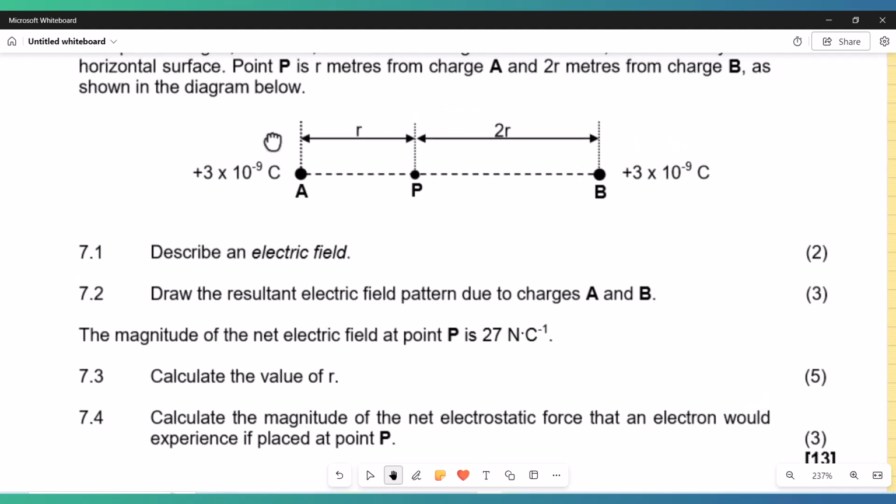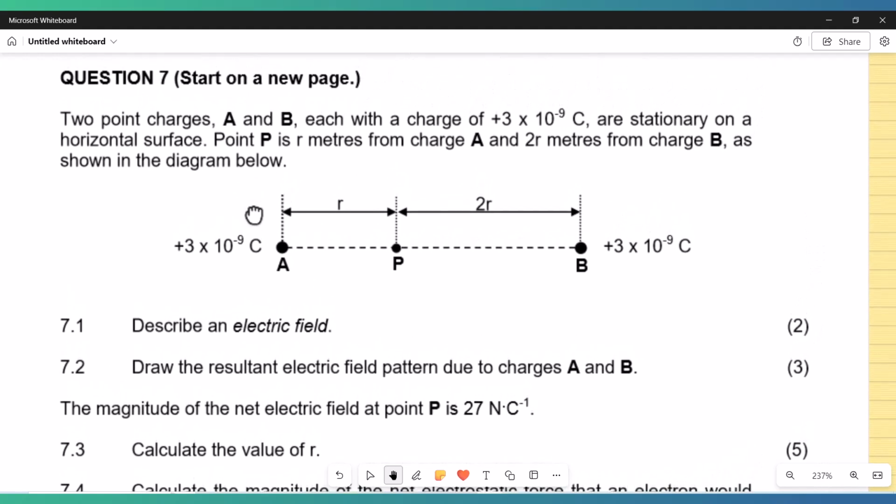Question 7. They say here that two point charges A and B, each with a charge of positive 3 times 10 to the power of -9 coulombs, are stationary on a horizontal surface. Point P is R meters from charge A and 2R meters from charge B, as shown in the diagram below. Define an electric field.